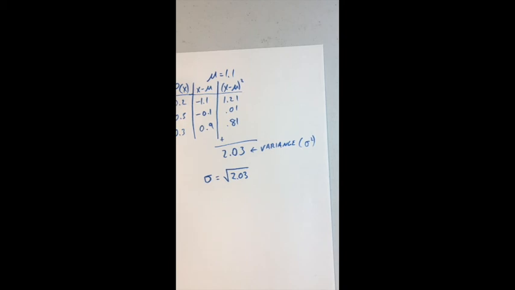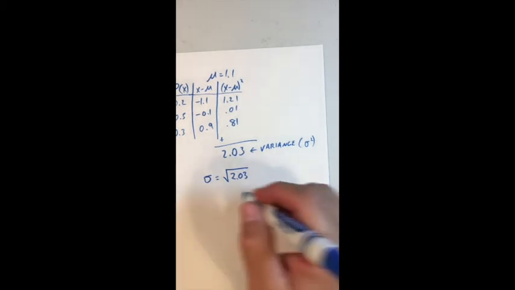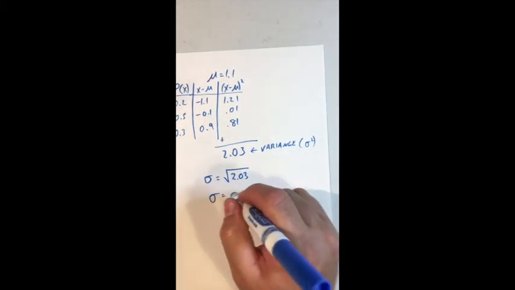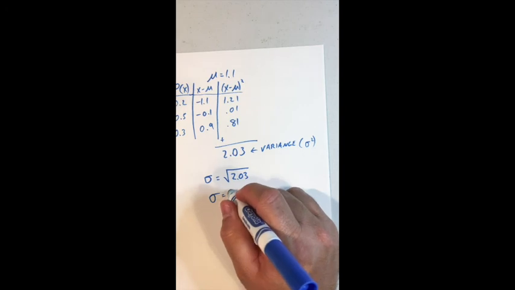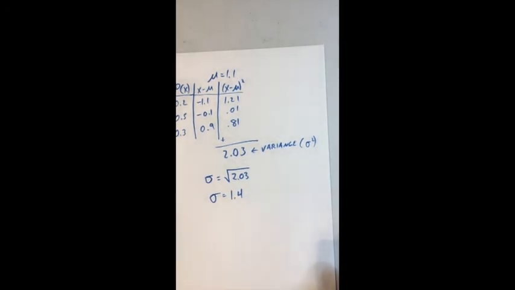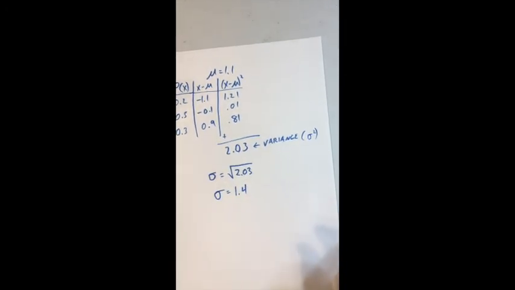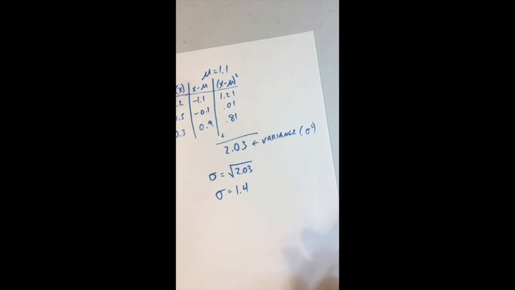Kind of makes sense. So there's the answer, and we get 1.42478. I'm going to round that to 1.4, because typically we round these things to one more decimal place than is in the original data. So we have a standard deviation of 1.4 for these soccer players.